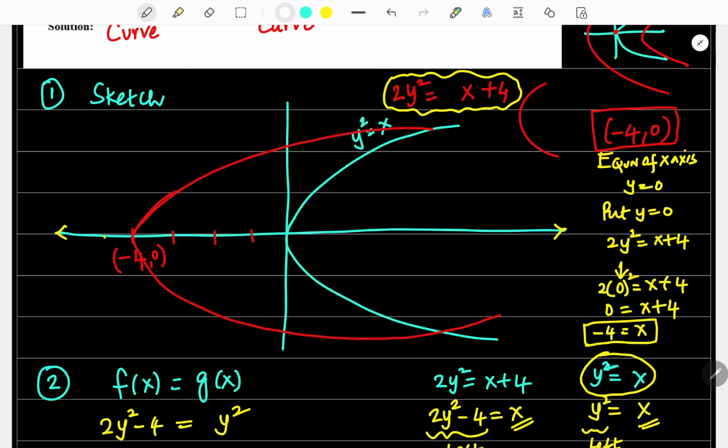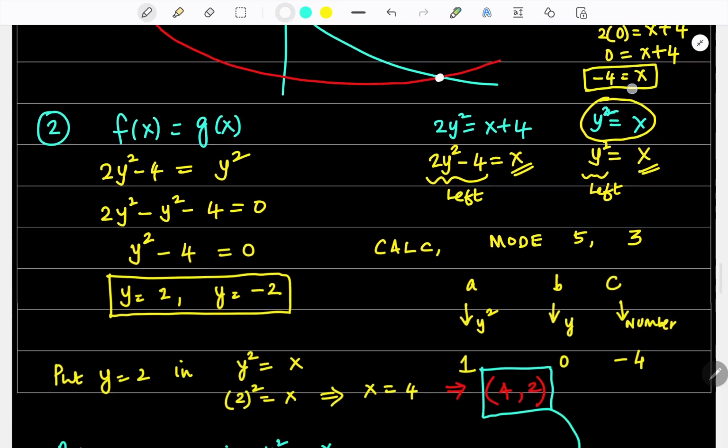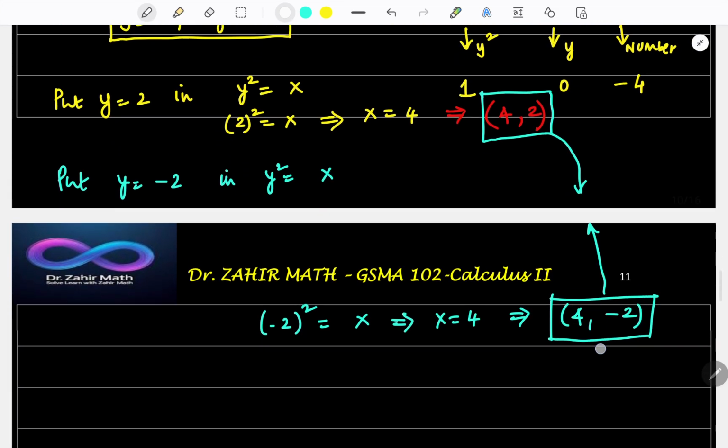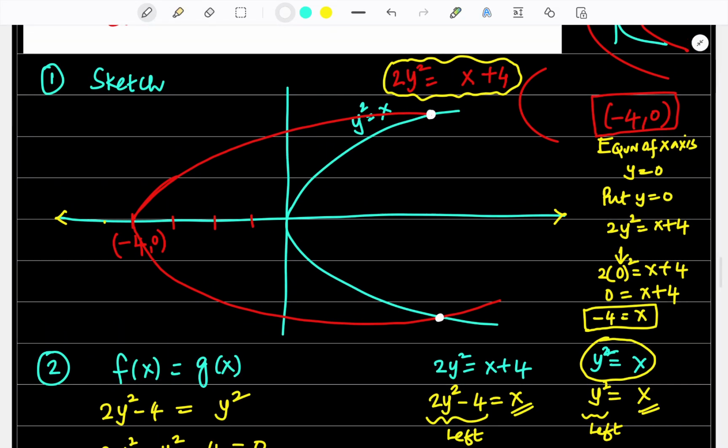Now, what we are going to do. This is the point of intersection and this is the point of intersection. We already got the points of intersection 4 comma 2 and 4 comma minus 2. So this is the point 4, and this is the point 2, and this is the point minus 2. So this point is 4 comma 2, and this point is 4 comma minus 2. Clear, all of you? What a lovely picture, right?